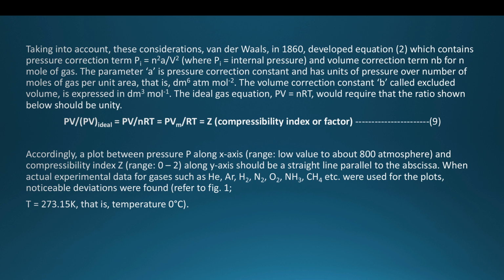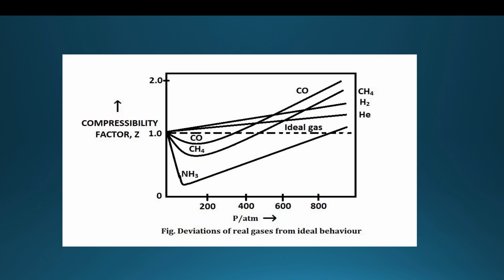In actual experimental data for gases such as helium, argon, hydrogen, nitrogen, oxygen, ammonia, methane, etc. were used for the plots at 0 degrees Celsius, the results were surprisingly changed. These are shown in this diagram.